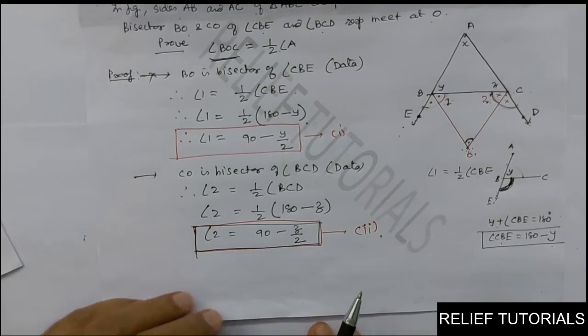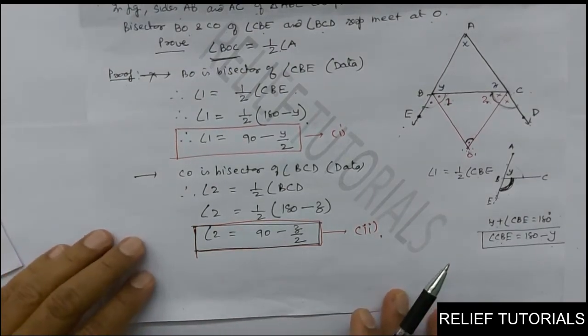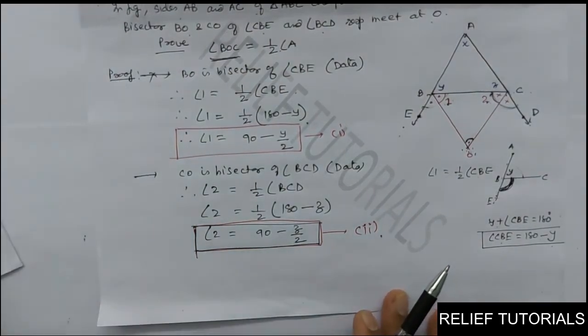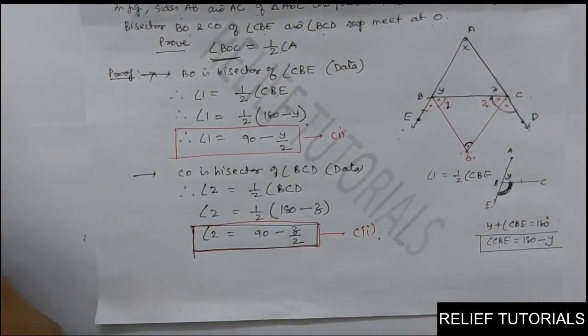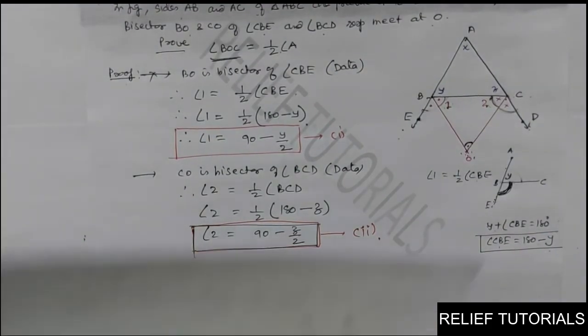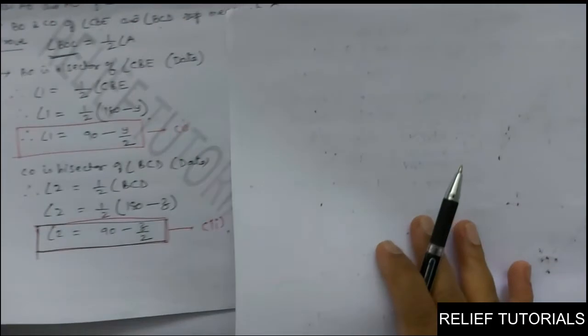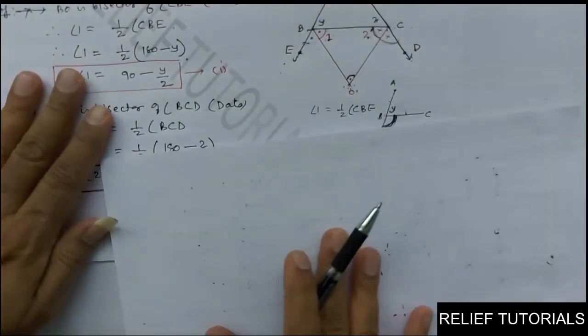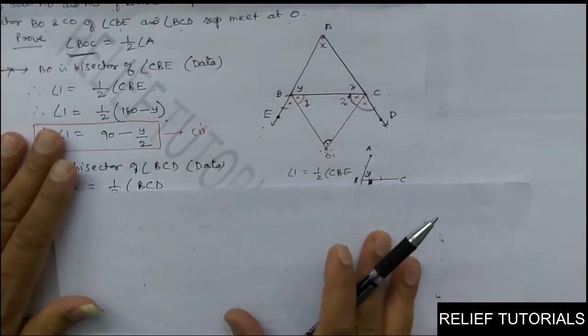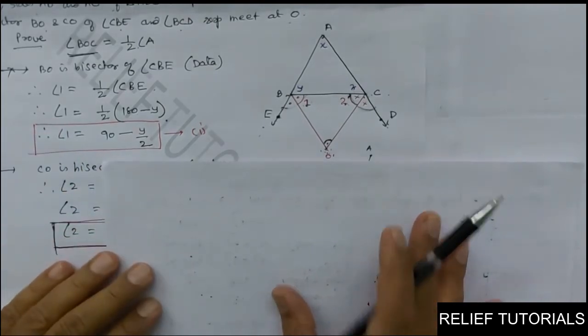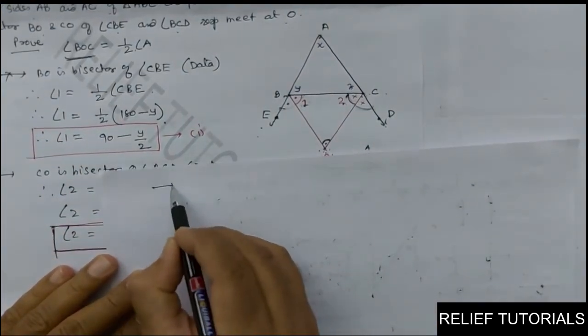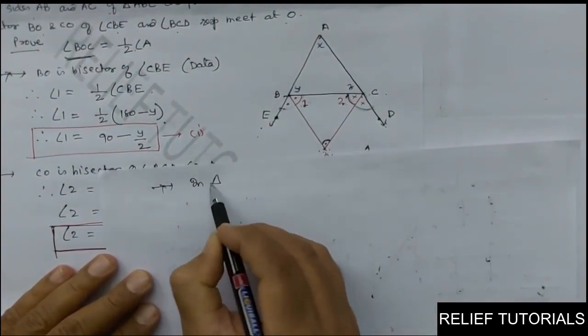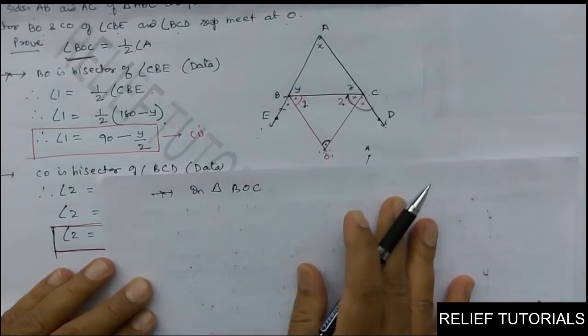Okay, friends. So, I am going to use that. See now, here is the diagram. I want both the things. Now, come on, tell me what you will say. Second phase, in triangle BOC.